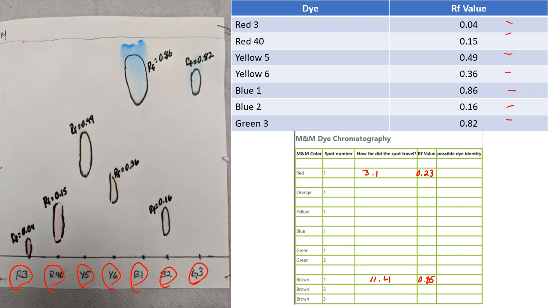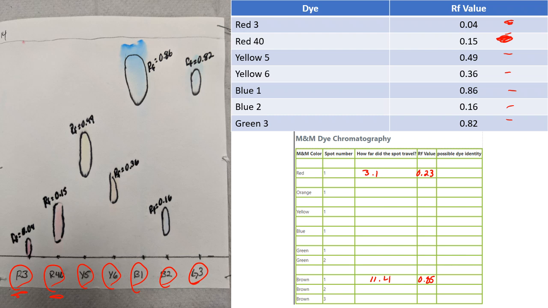It says we have a red spot that traveled 3.1 centimeters and had an RF value of 0.23. So obviously we're going to look for a red dye. It's either going to be red 3 or red 40. I see that my red dye had an RF value of 0.23, and the red 3 had an RF value of 0.04, and the red 40 had an RF value of 0.15.